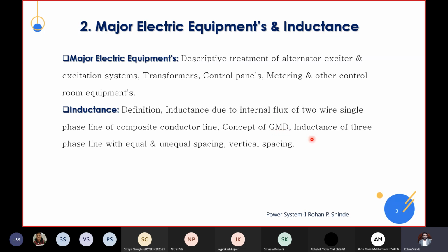After that we have to calculate the inductance of a three phase line with equal and unequal spacing. If the spacing is equal, it is called symmetrical spacing. If the spacing is unequal, it is called unsymmetrical spacing. Now this is vertical spacing. So all these concepts we have to see in inductance.